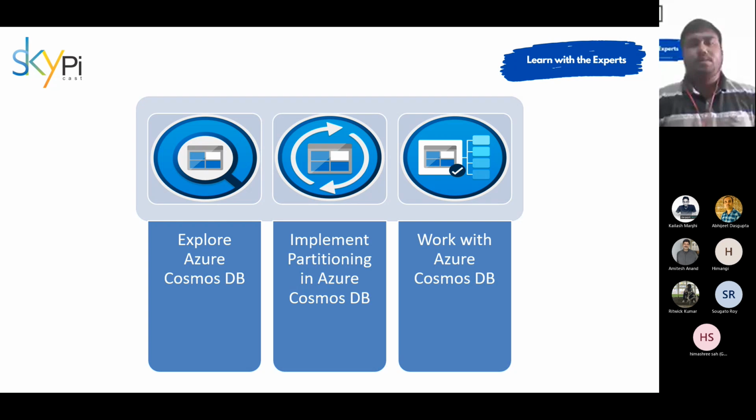And the third one will be a working code demo in .NET, which we'll use to create a container and items inside an Azure Cosmos database. We'll be inserting and deleting, like simple CRUD operations using our application.